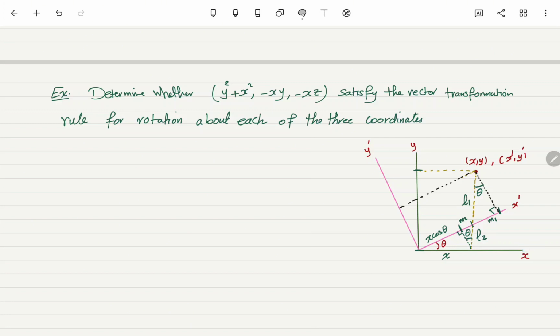Now just let's have this trick. For instance, x prime equal to x cosine theta plus y sine theta, and y prime equal to minus x sine theta plus y cosine theta. This is rotation around z-axis.